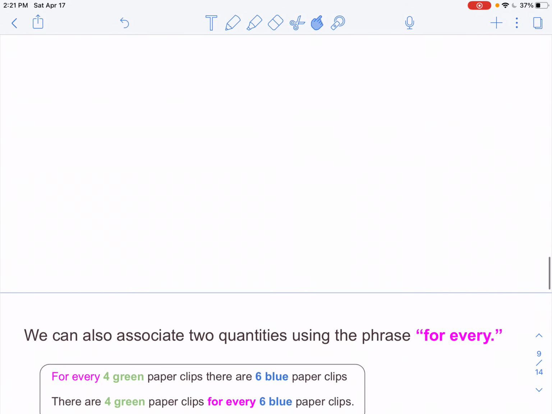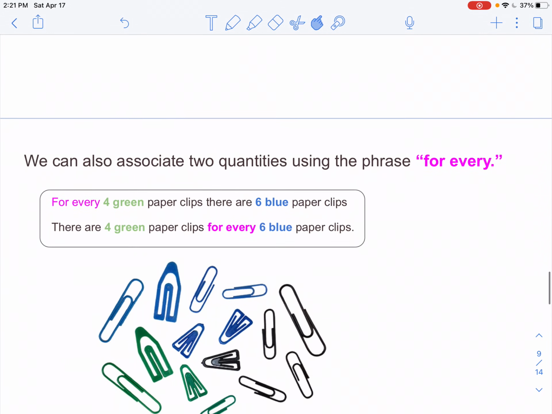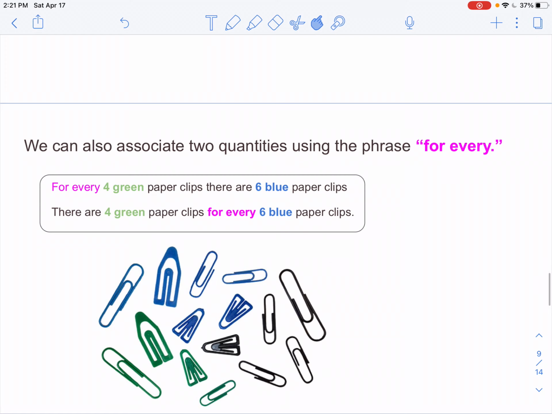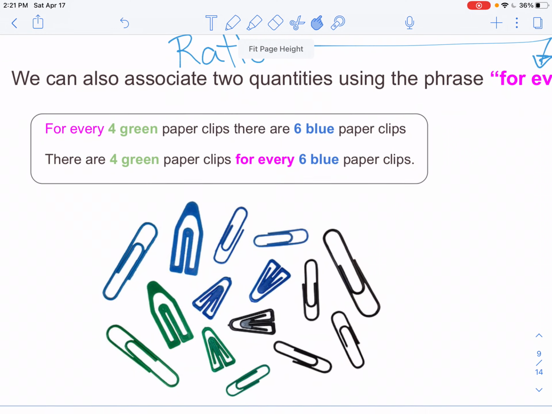All right. We also can associate 2 quantities. We also can talk about ratios by using the phrase for every. So instead of saying TO, I can use the words for every. Here they are in pink. I'll highlight them too. For every 4 green paper clips, there are 6 blue paper clips.